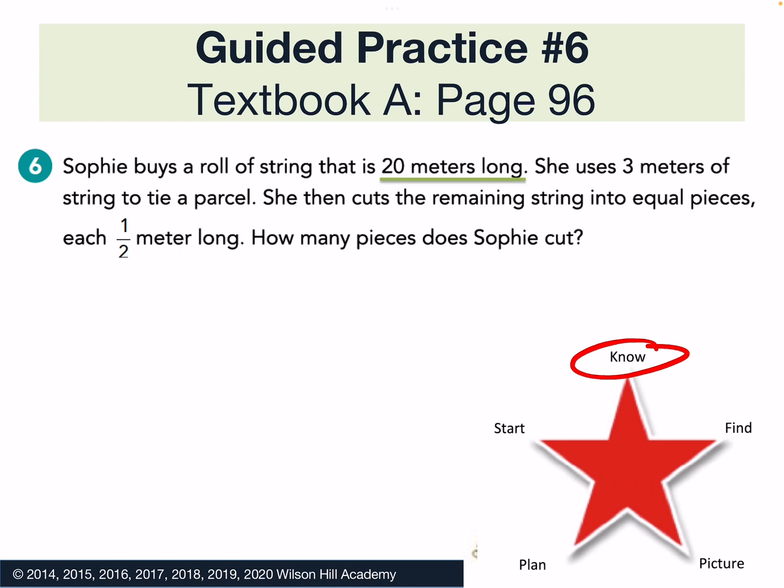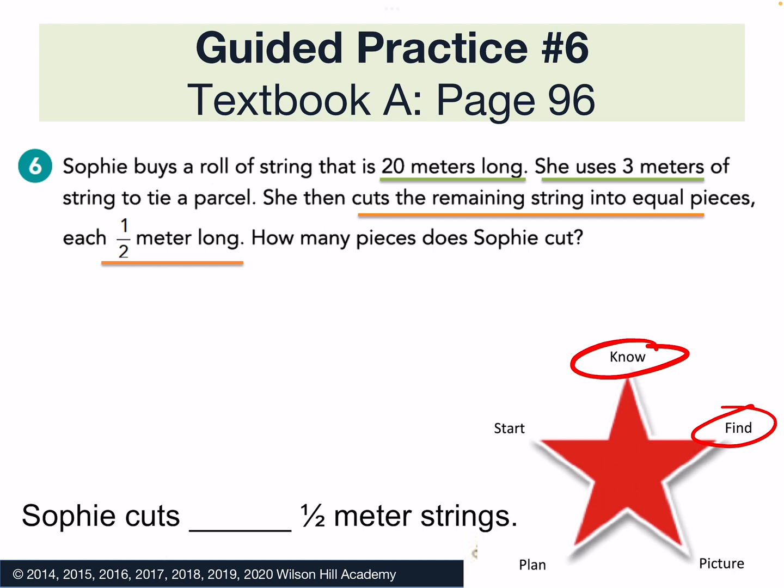We know she starts out with 20 meters, but uses 3 of those meters. So then she has some leftover, and that leftover is going to be cut into 1/2 meter strips. That brings us to what we need to find, which is this sentence with a blank where the answer will go. Sophie cut so many half-meter strings.